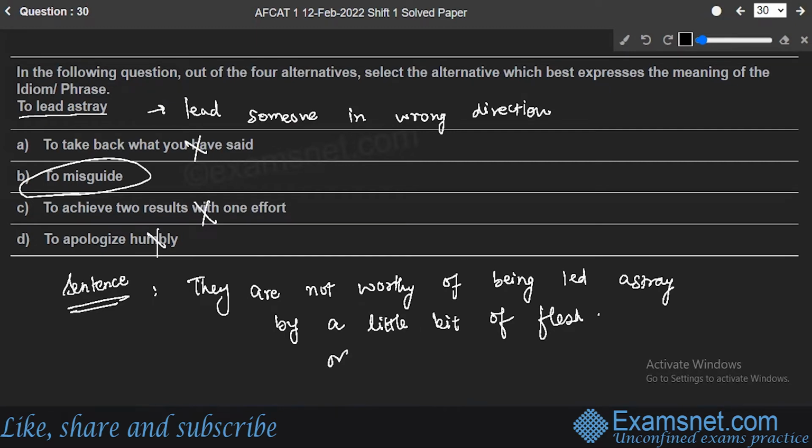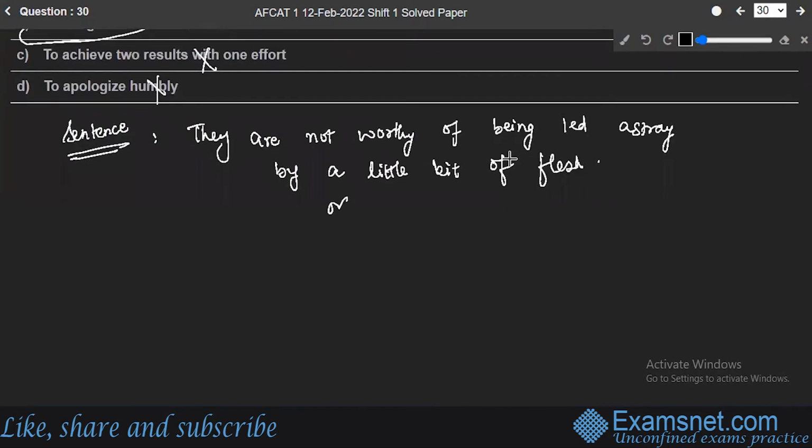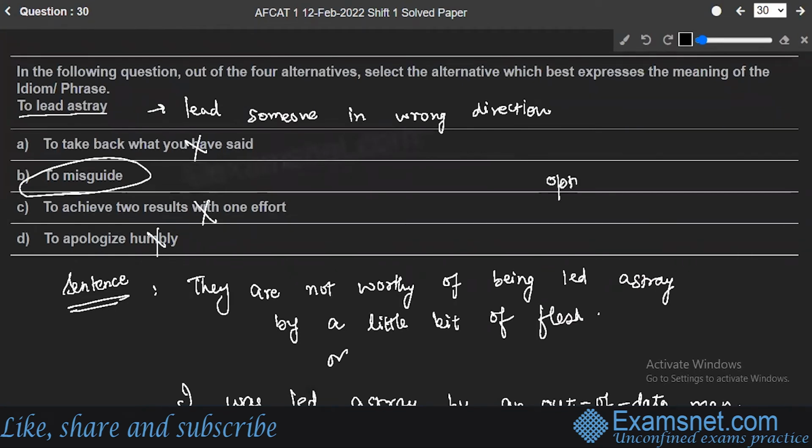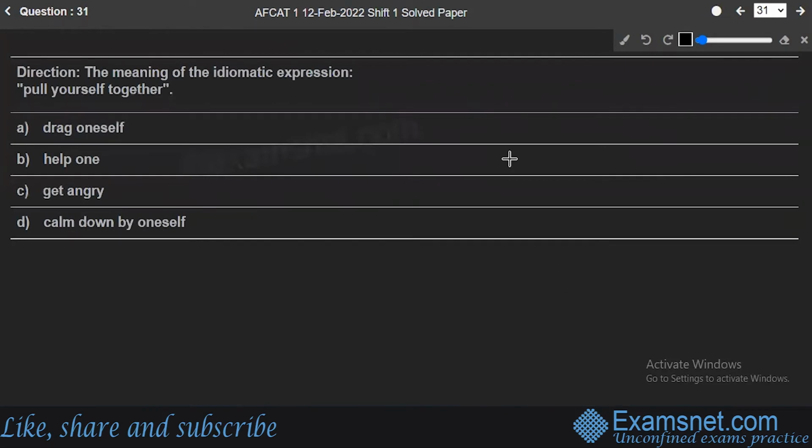This is an easier one to understand. I was led astray by an out of date map. So I hope this is clear. Option B is the answer. Next question number 31.